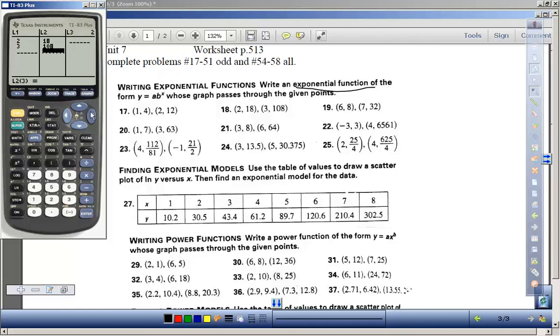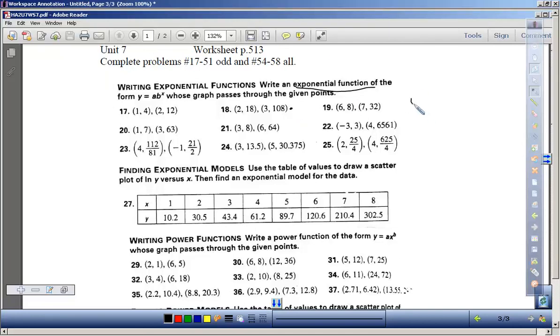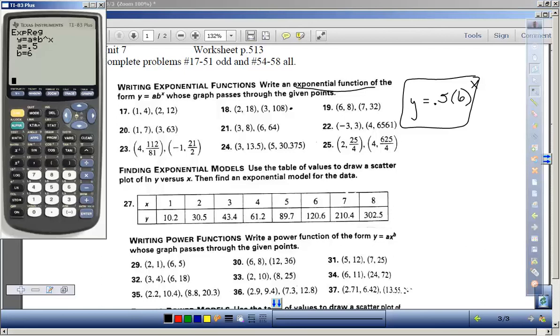And so I've entered in my points. I double check my points, and they're good. So now I'm going to go to stat and calculate, and I'm going to choose the exponential model, which is 0. So exponential regression, I get 0.5 times 6 to the x power. So y is equal to 0.5 times 6 to the x power. That's going to be my exponential model.